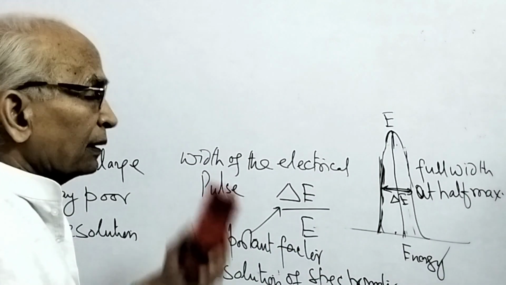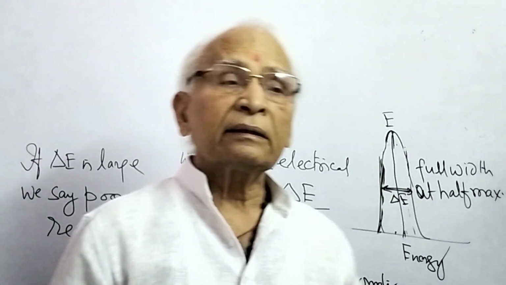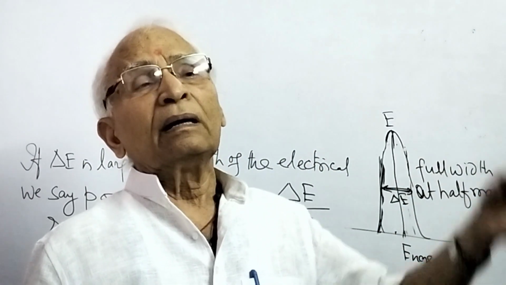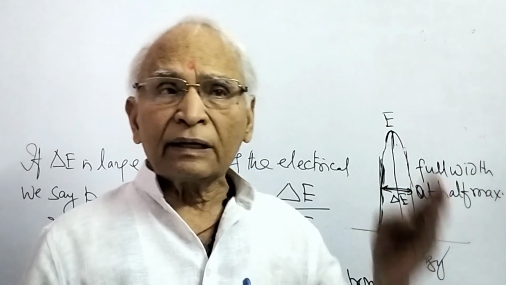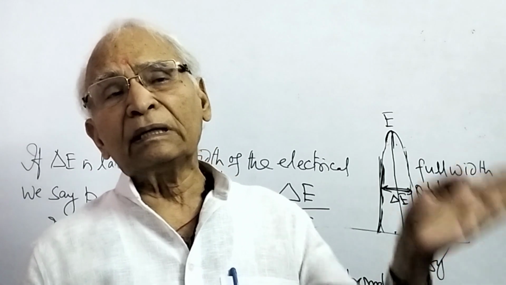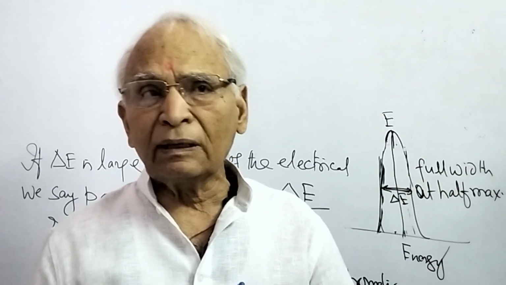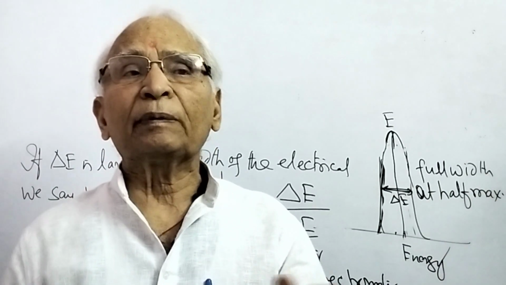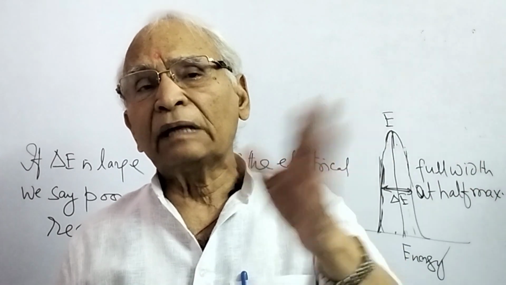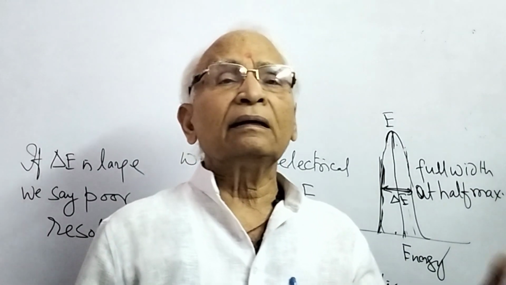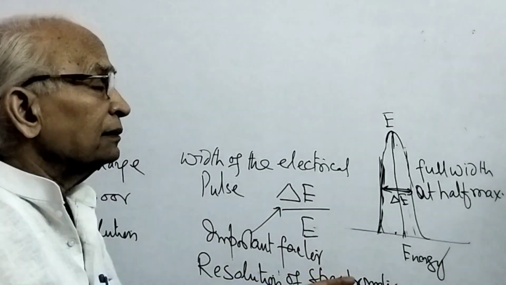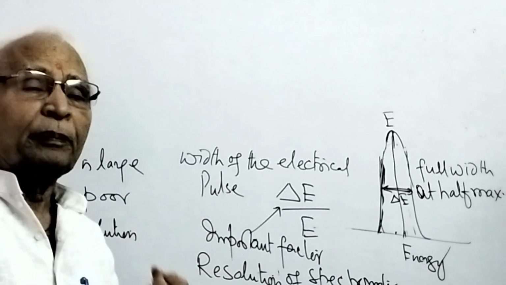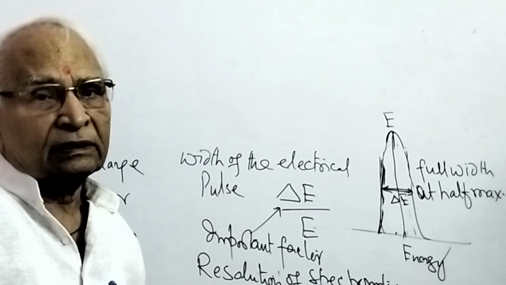The reason of broadening is statistical variation at various levels, starting from the photoelectric effect, scintillations produced, scintillations multiplication, photoelectron multiplication, each diode multiplication, then before that optical transparency, and then each diode multiplication, etc. So all these delta E depends upon so many factors, and hence the broadening of the peak. Broadening of the peak is inherent. We can't go away from this.